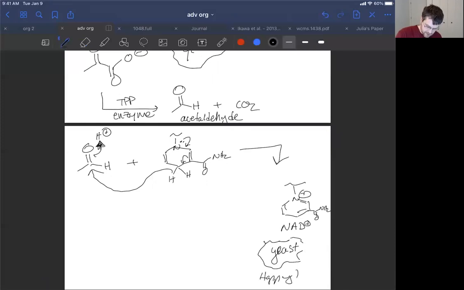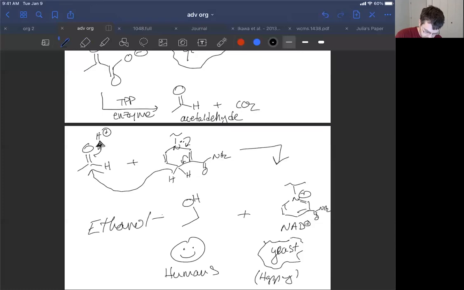I don't know how to express happiness of yeast, but I do know how to express the happiness in the humans. That's just a smiley face. And why are the humans so happy? Well, we've taken acetaldehyde and converted it into ethanol production. Ethanol. So there we go.